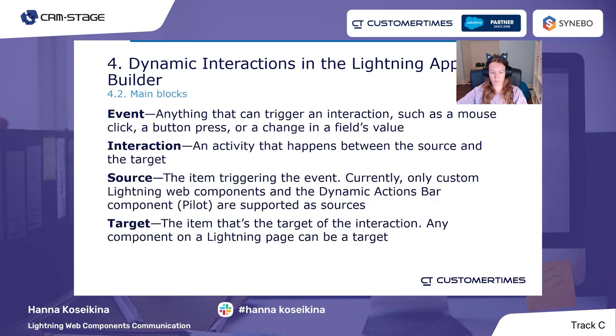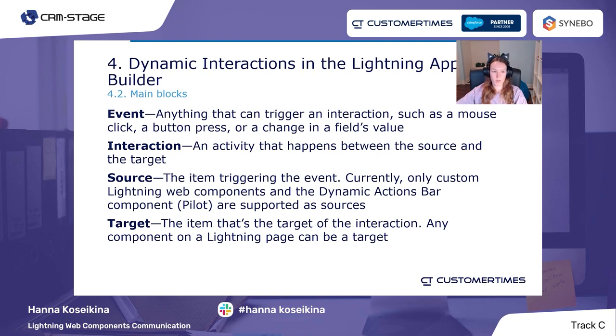What are the main blocks for dynamic interactions? It's the event, anything that can trigger an interaction. It's a mouse click, button press, change in a field's value, anything that you think should trigger the interaction on your custom component. Interaction is basically an activity which happens between the source and the target. Source is an item which is triggering the event.